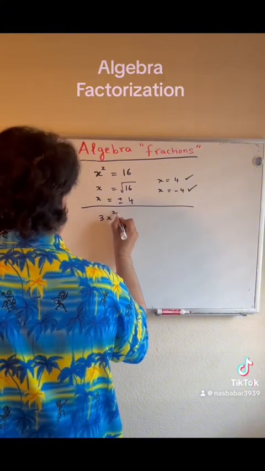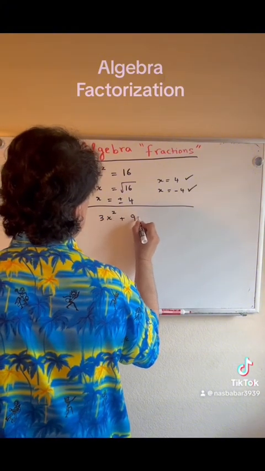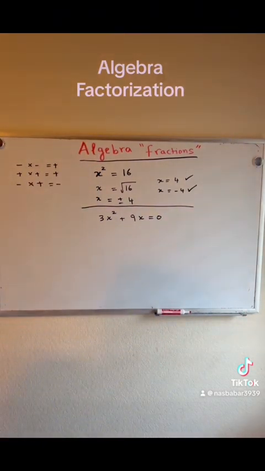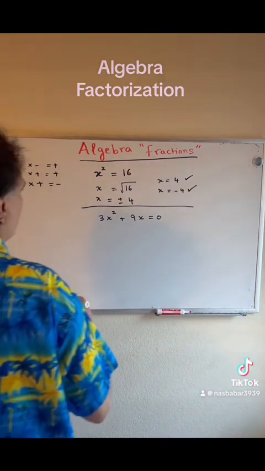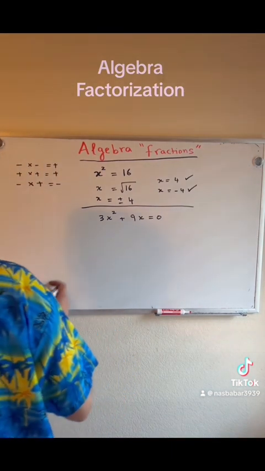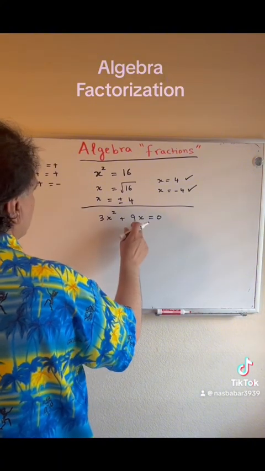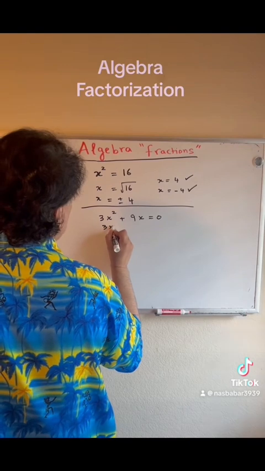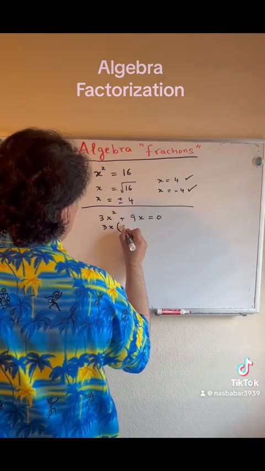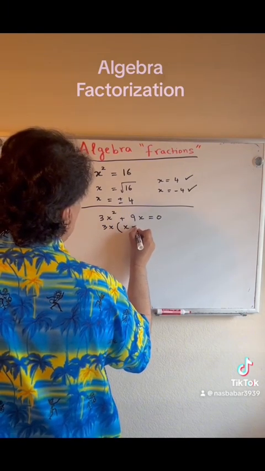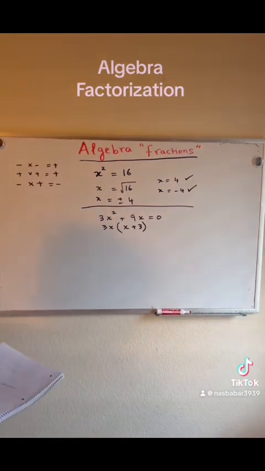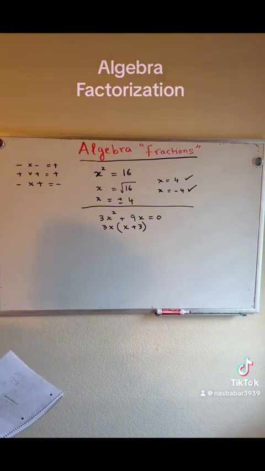3x squared plus 9x is equal to 0. All right. How would you solve that? Well, it should not be that hard. What I do is look at here, I can take 3x common. So if I take 3x common, inside I'm left with x plus 3, right? It's not rocket science.